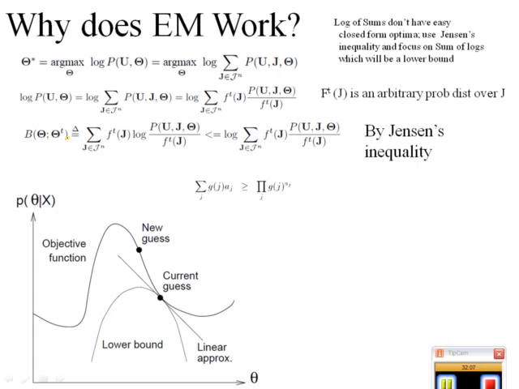Okay, so in this case, actually, it matters whether you find the global maximum or not. In fact, EM is not guaranteed to find the global maximum of this function. It's only guaranteed to find a local maximum of this function. Okay, so this is another thing to keep in mind.